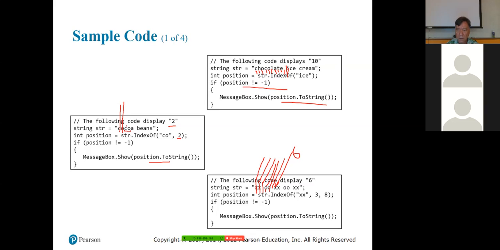So this is the XX starting with the third index. The first occurrence of XX starting with the third index is at the 6th index, right there. And it looks 8 characters. 1, 2, 3, 4, 5, 6, 7, 8.